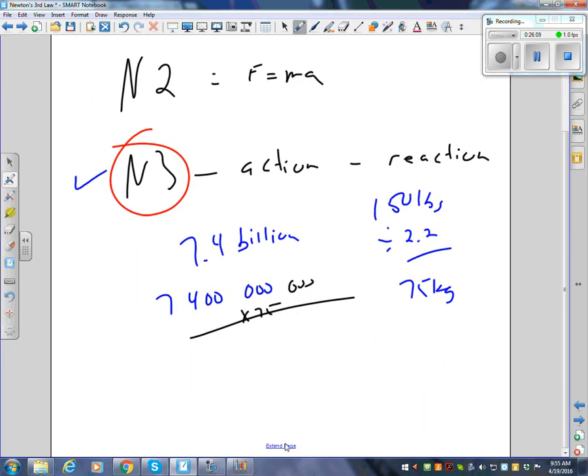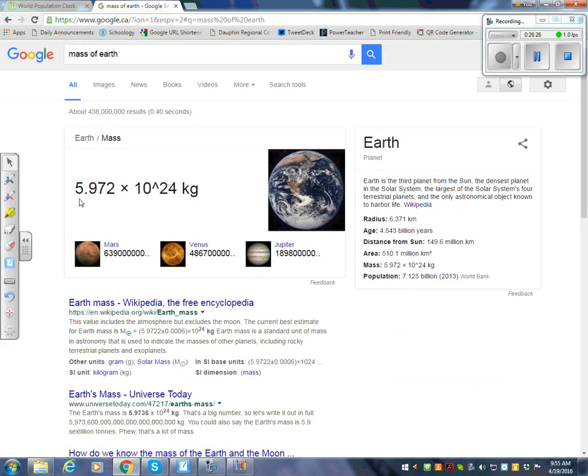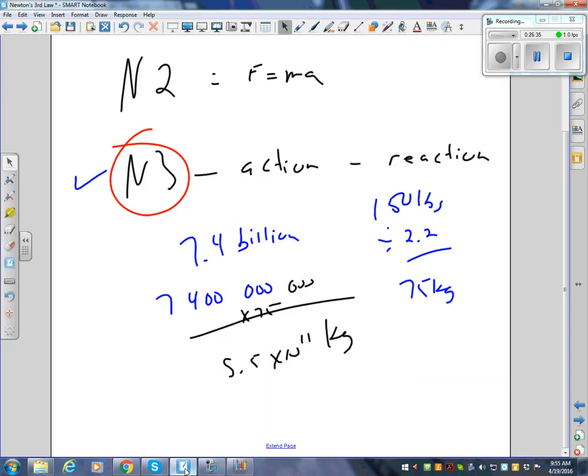That's 5.55 times 10 to the power 11, about the mass of humanity on the Earth: 5.5 times 10 to the 11 kilos. The mass of the Earth? 5.9 times 10 to the 24. Insignificant. Insignificant, not going to happen.